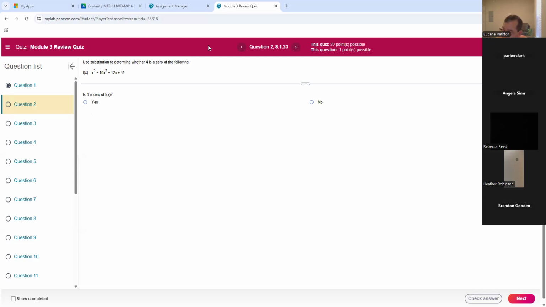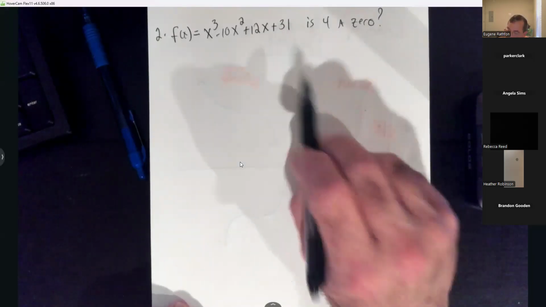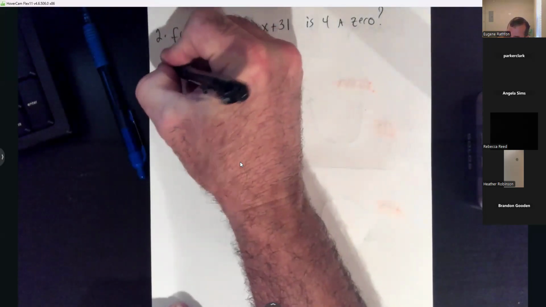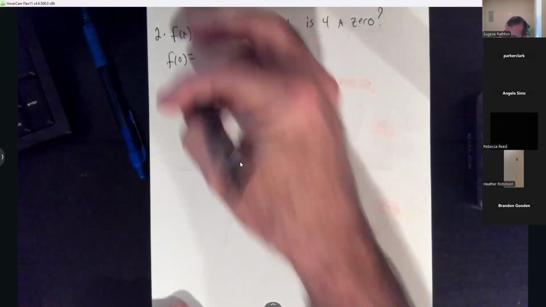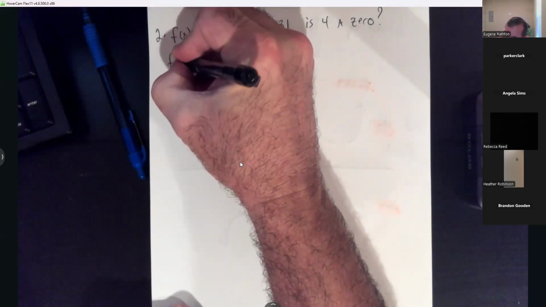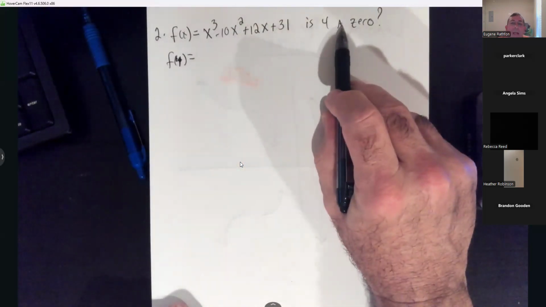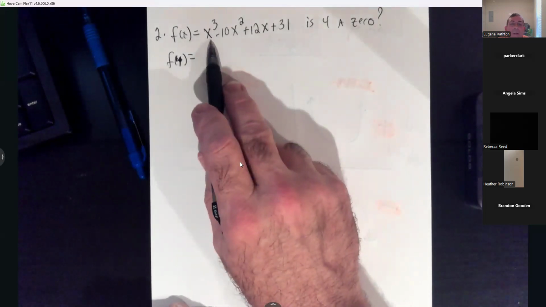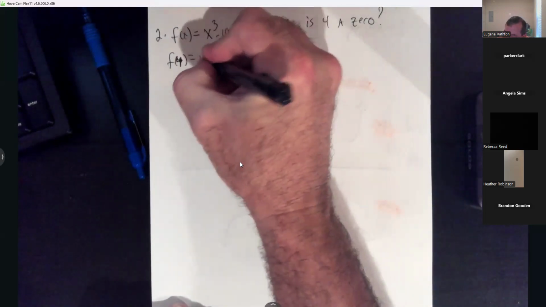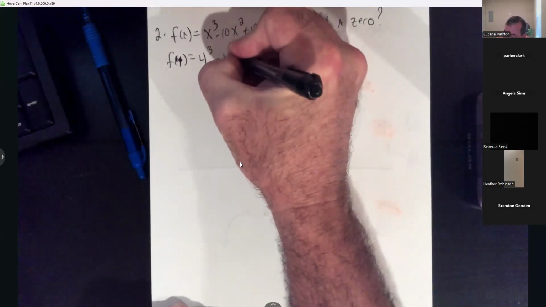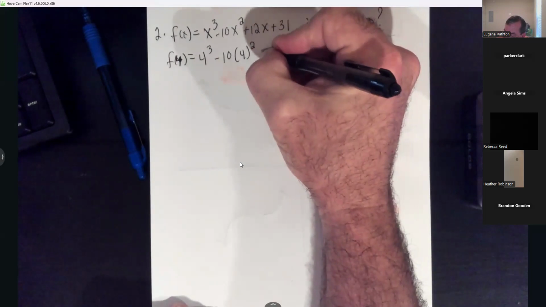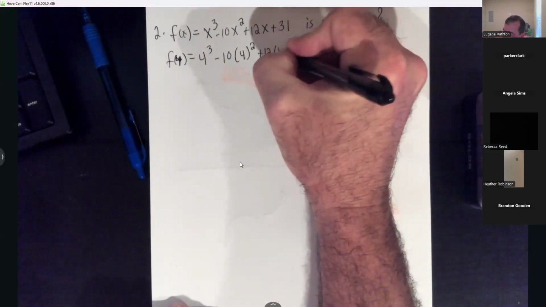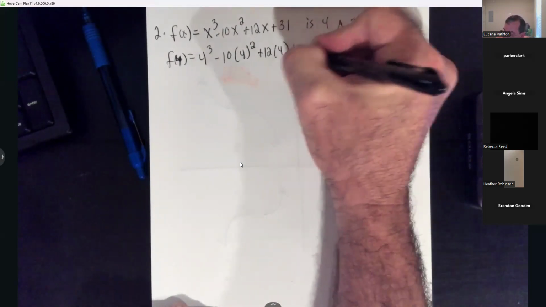So we're looking for an answer of 0 for this to be a zero. So we're going to put in f of 4, my bad. 4 is the number I'm checking, so I'm doing f of 4. That'll equal 4 to the third minus 10 times 4 squared plus 12 times 4 plus 31.